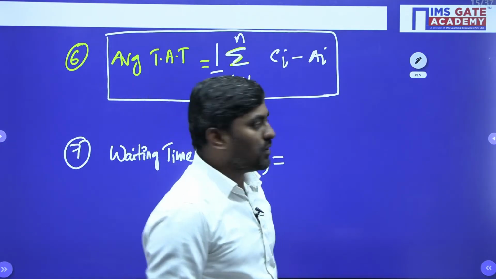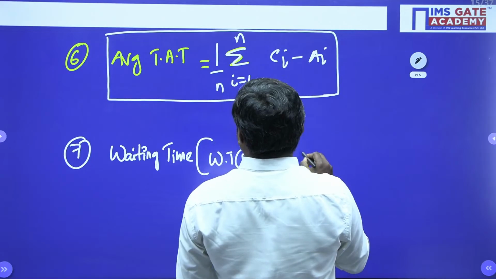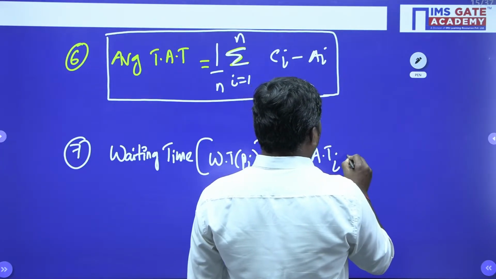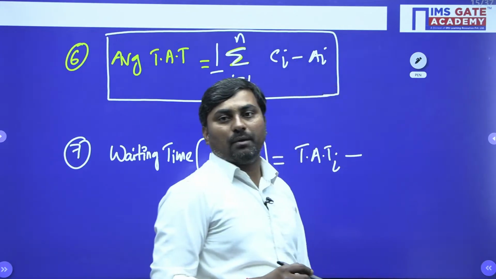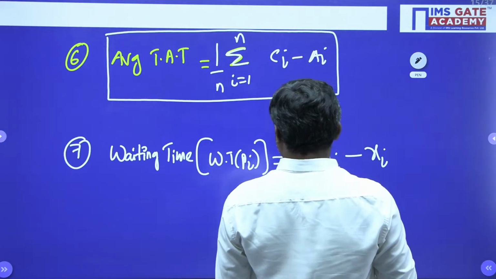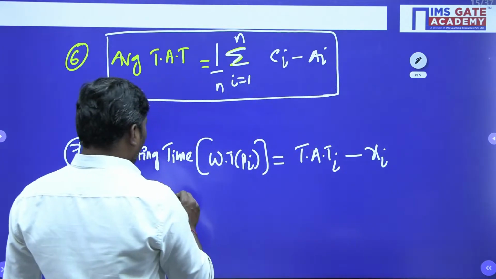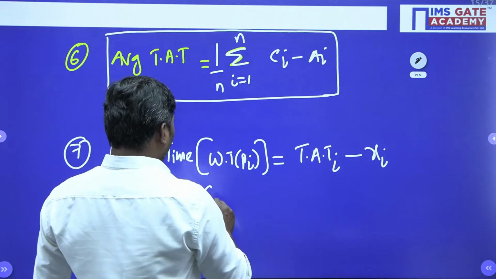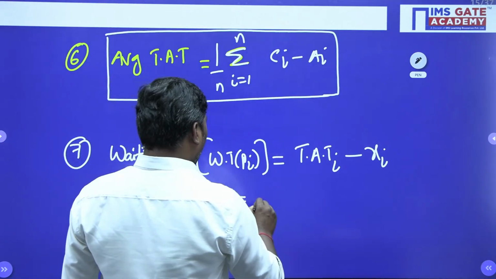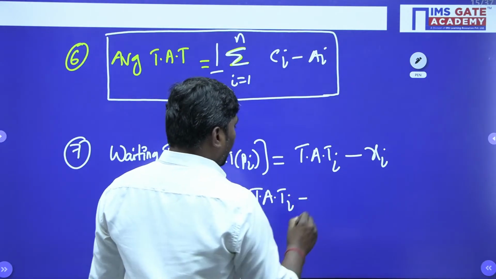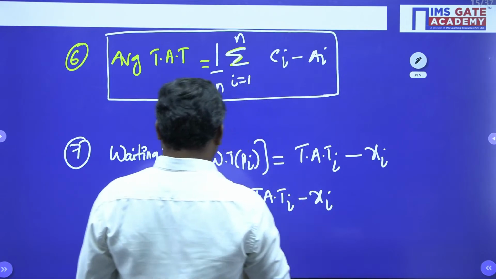Turnaround time of the ith process minus burst time. Burst time is what? Xi. Simply, waiting time of process Pi equal to turnaround time of the ith process minus Xi.